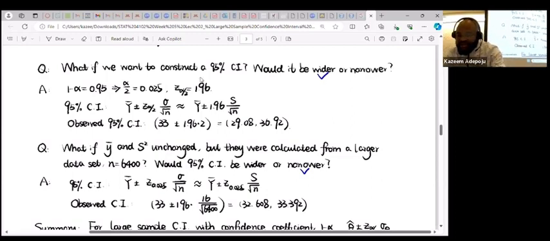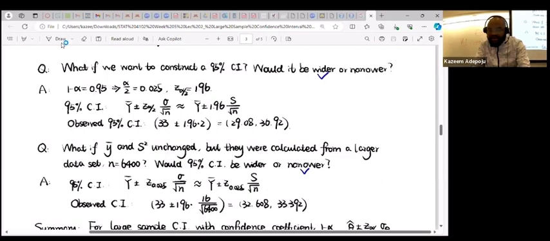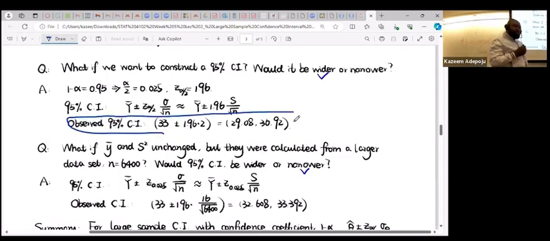Take a look at this. If you take a look at this now, what has changed? Instead of us working with 90%, we work with a 95% level of confidence.